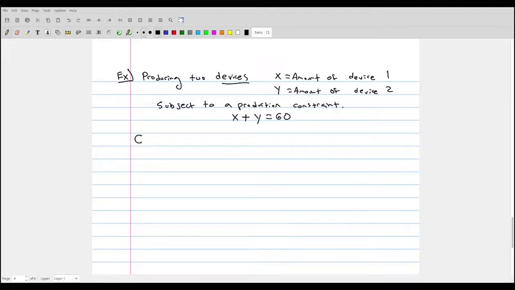We'll also suppose, for argument purposes, that C of xy is the cost function for producing X and Y. Now, this can take a lot of different forms in general, but for argument's purposes, we'll just say it's some sort of quadratic function of X and Y. Say for certain reasons, it's going to be 5x squared plus x times y plus 2y squared plus 500.